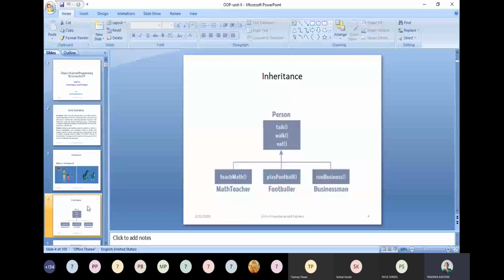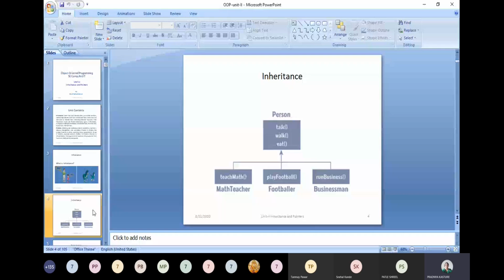Now, next is an inheritance example. Suppose we write a class person, which is our base class, having some methods like talk, walk, and eat. This comprises our person base class. Then we write a few classes which will inherit the properties of the person class.